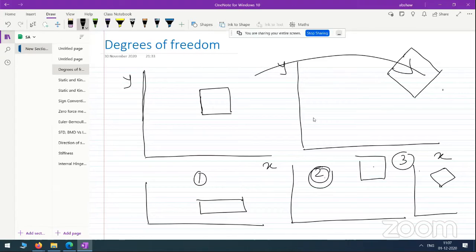In a two-dimensional plane, any rigid object you take has 3 degrees of freedom, 2 translations and 1 rotation. Similarly, a three-dimensional object has 6 degrees of freedom.